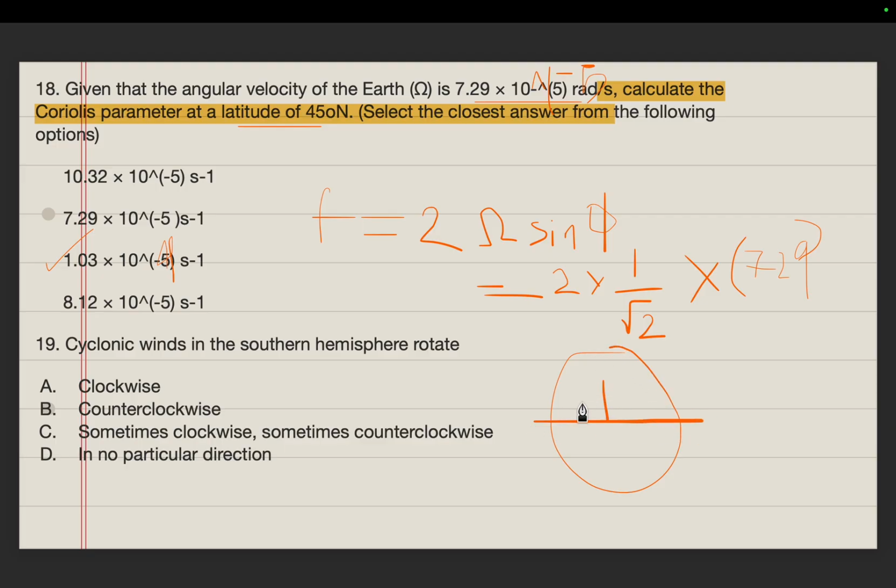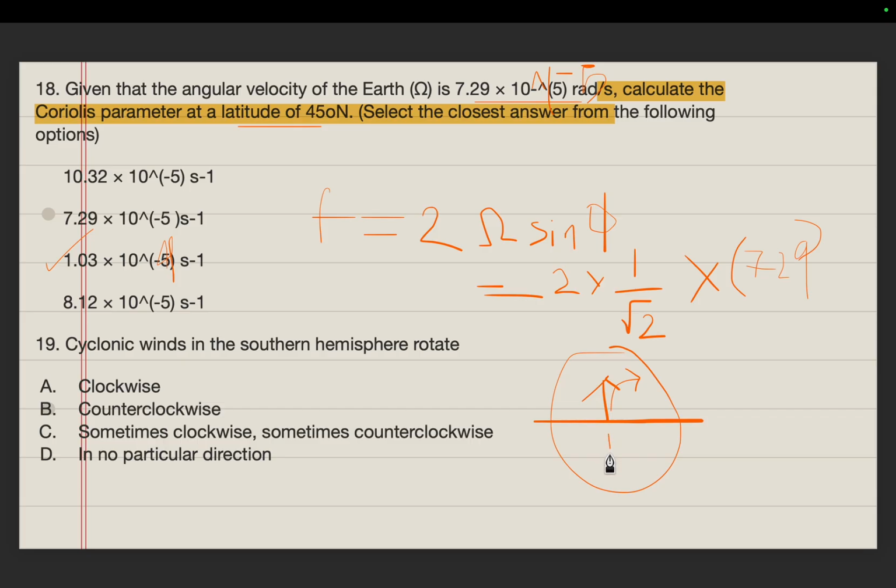due to Coriolis force, if any air moves in the northern direction from this region to this, then this air will move to the right of its going direction.